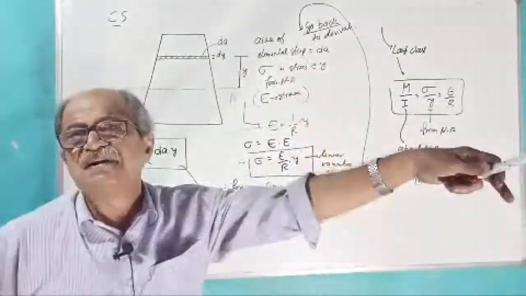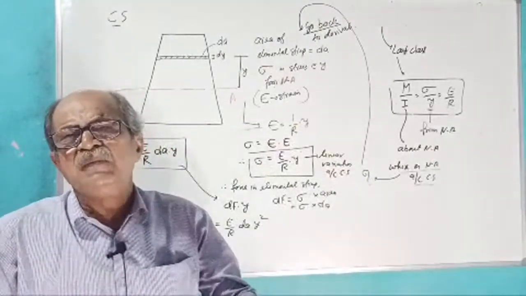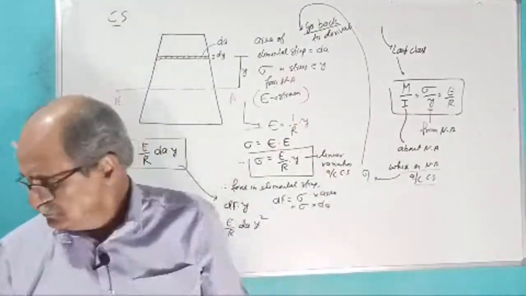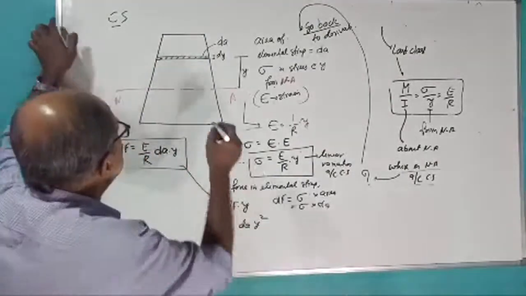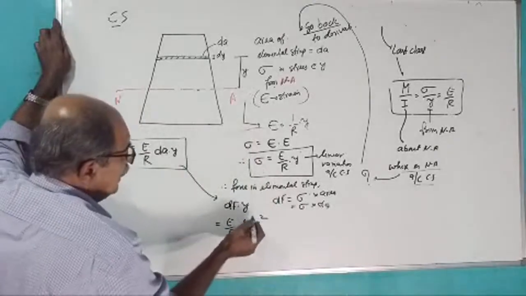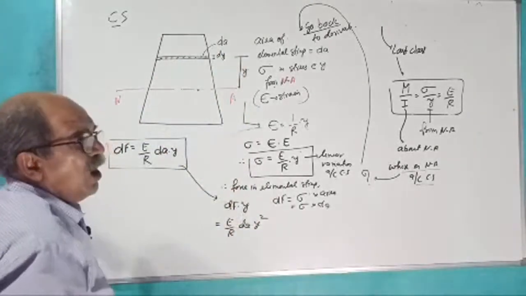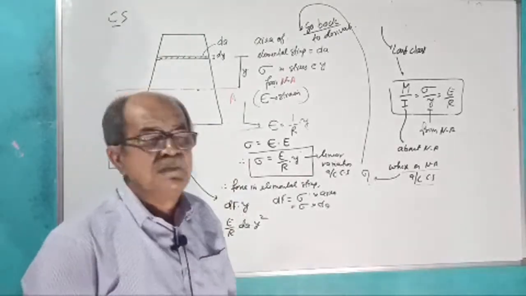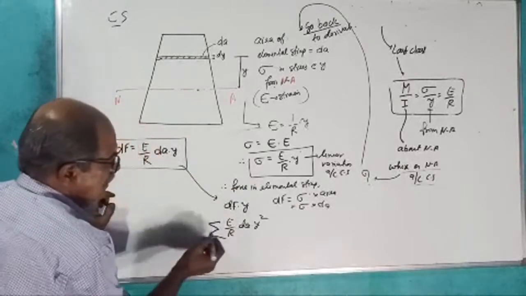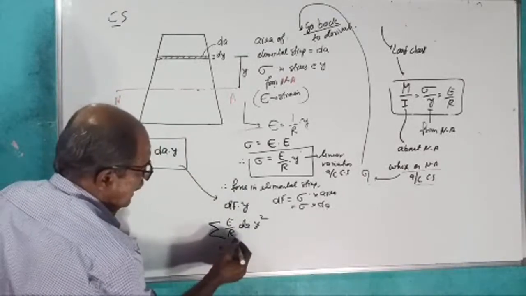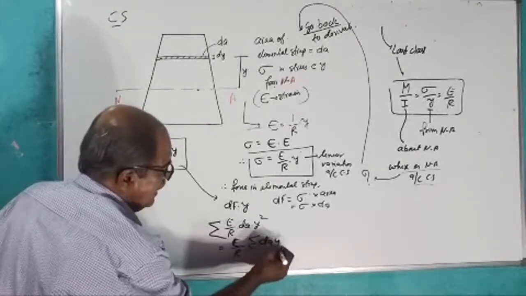Go back to last class. I told you, when you want the moment of a couple, you can take moment about any point. Tell yes or no. So we considered moment about the neutral axis. So this is for the elemental. Now, therefore, the algebraic sum of all such resisting moments about the neutral axis, I wrote sigma, will be equal to E by R outside into sigma dA y square.